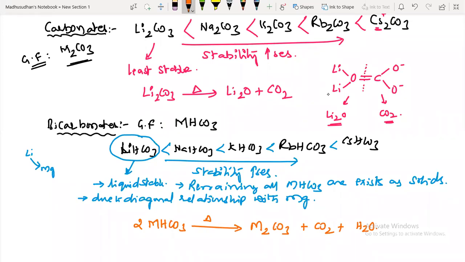The metal carbonates then decompose to form metal oxides and carbon dioxide. So metal bicarbonates on decomposition give metal carbonates, carbon dioxide and water. Take a screenshot or note it down fast.